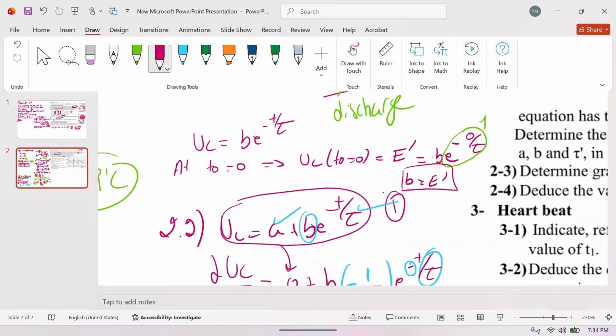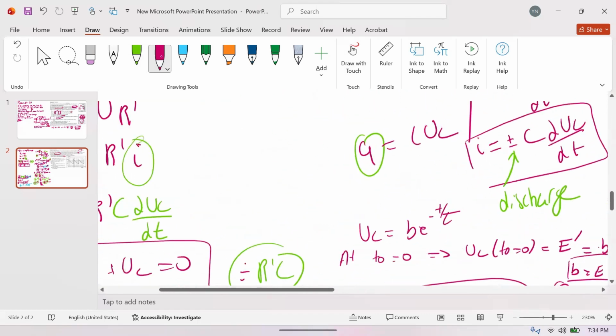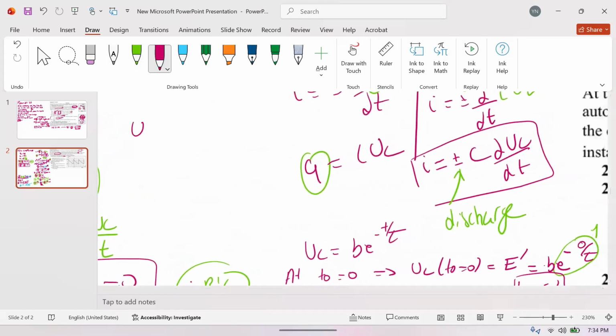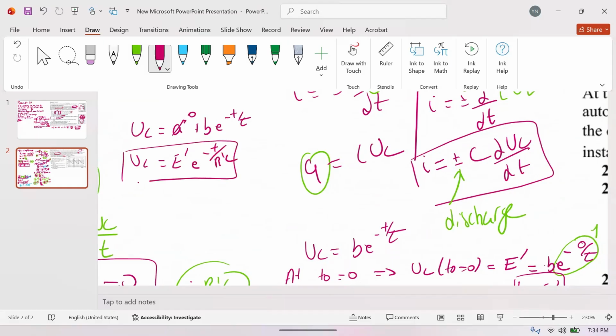This small line here, a lot of students forget it, but it's part of the process so we can find the solution. Then at the end, you have UC equals A plus B e to the minus t over tau. Now I know it. UC equals A, it's zero, plus B, it's E prime, e to the minus t over tau, which is R prime C. And I got my solution.